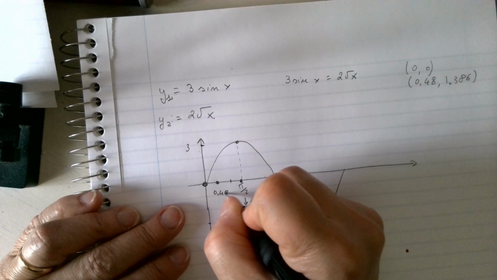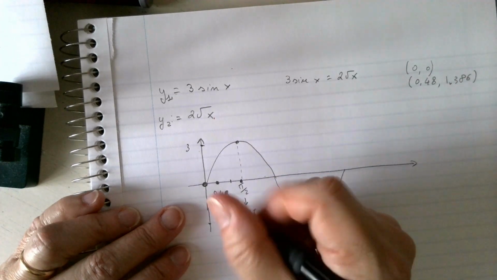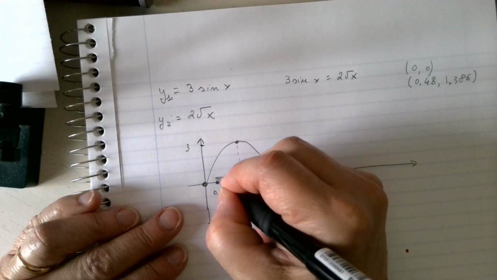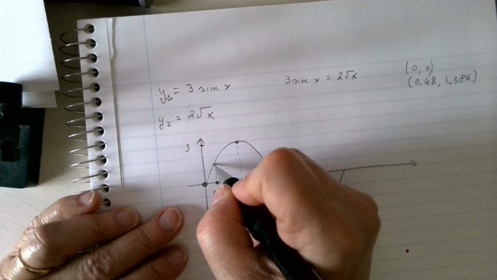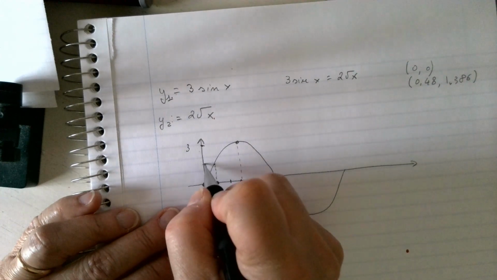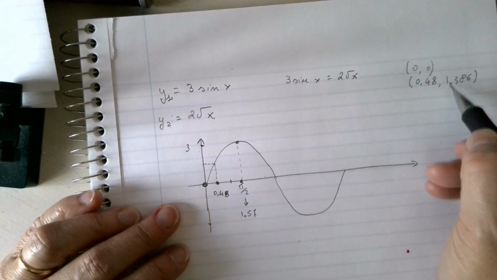So at this point your y is going to be 1.3. So this is basically this value here.